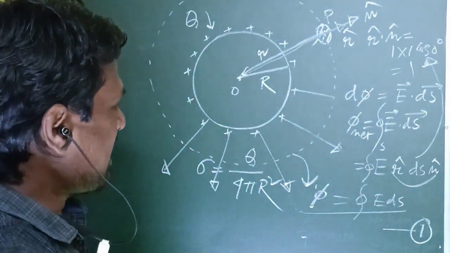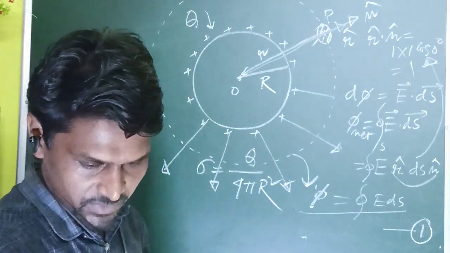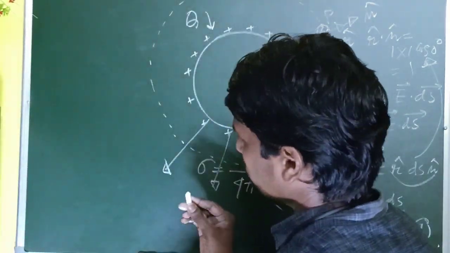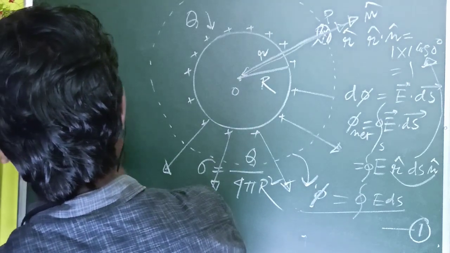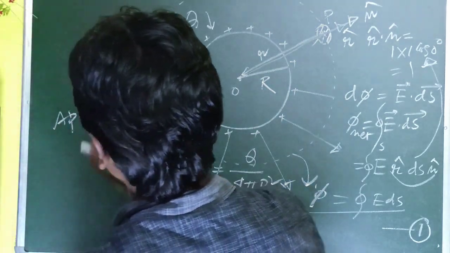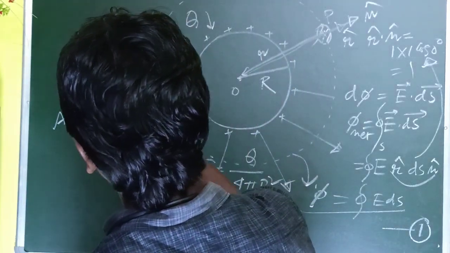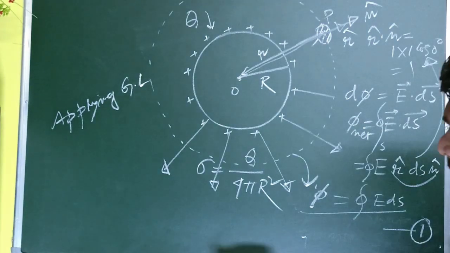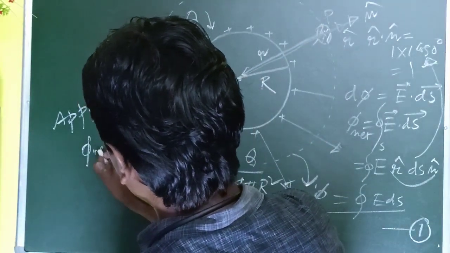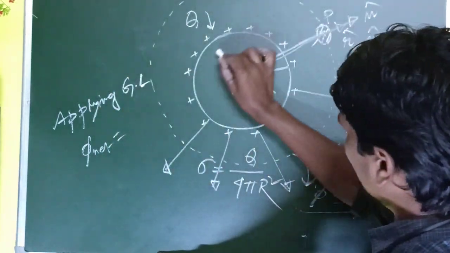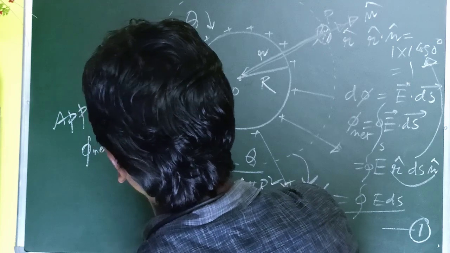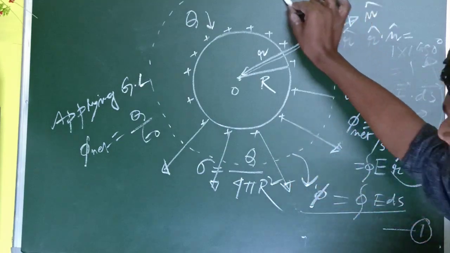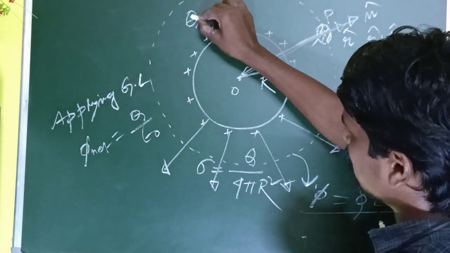Now you can apply Gauss's theorem, or Gauss's law. Applying Gauss's law, phi net equals Q by epsilon naught, where capital Q is the net charge enclosed if you consider this as the Gaussian surface.